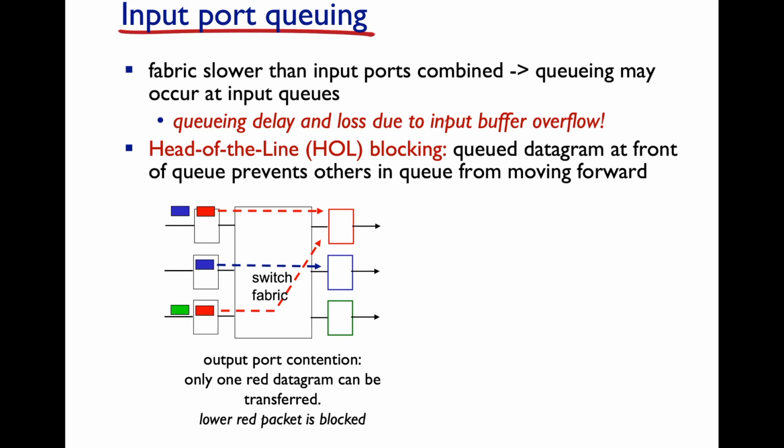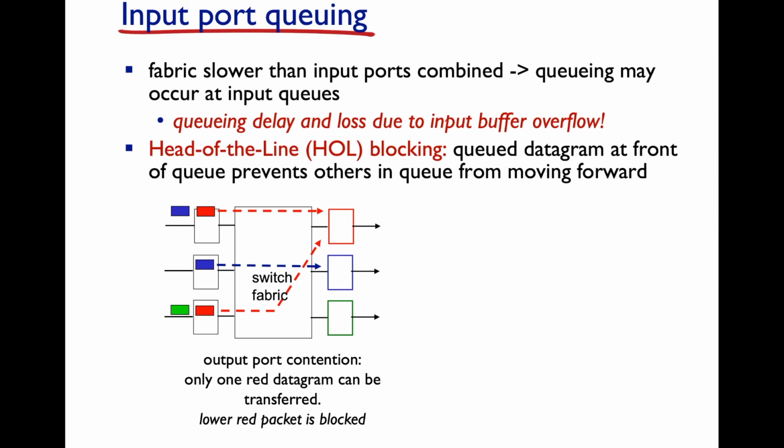Now, certainly, if this resource is currently occupied, meaning it's currently receiving data, you can't switch another packet if that resource is taken. And so there's something called head of line blocking. What this head of line blocking says is that the queued datagram at the front of a queue prevents others in the queue from moving forward.